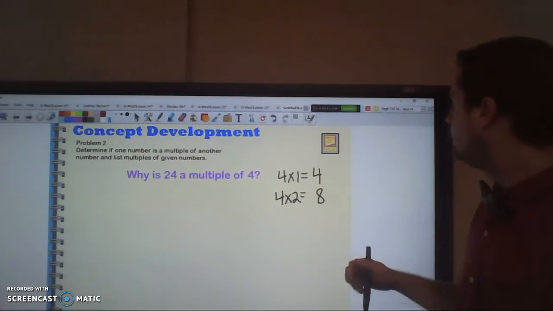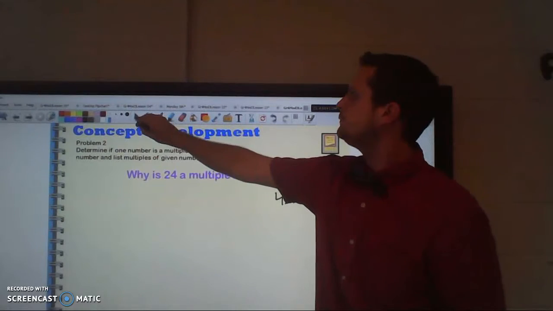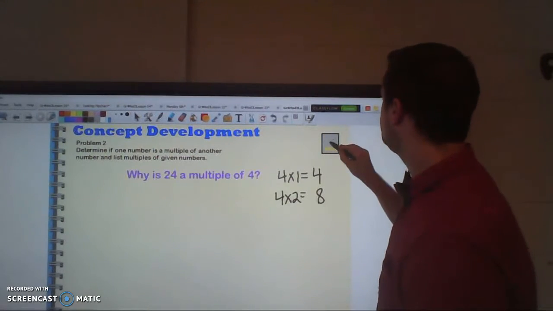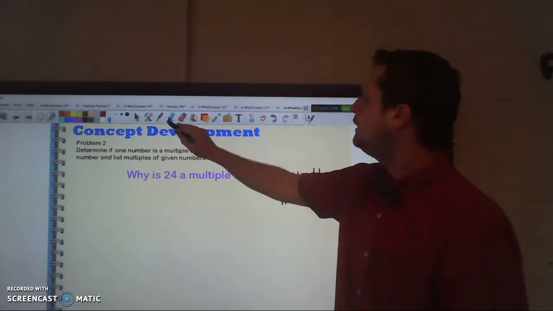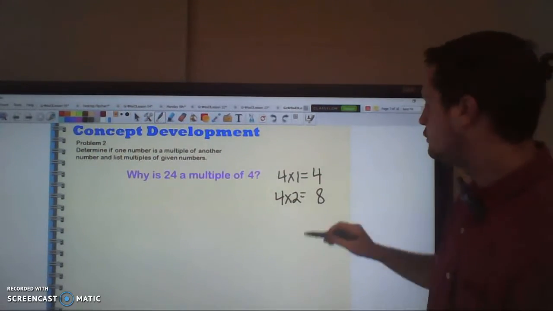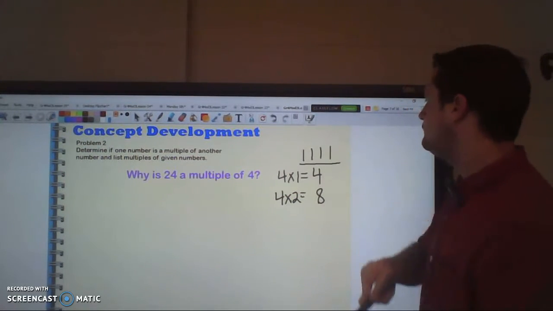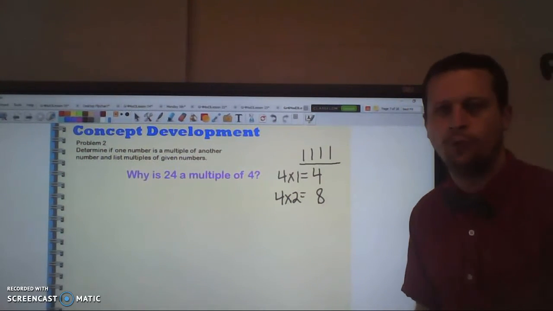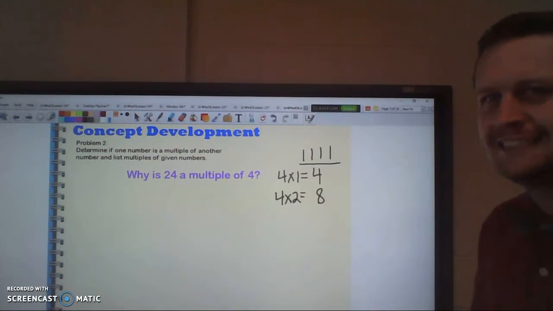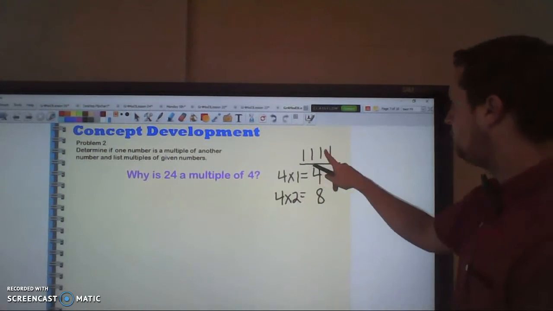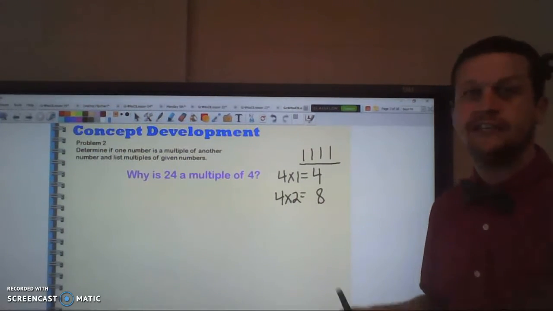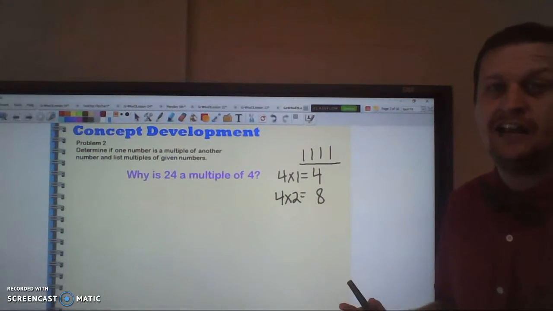If you don't, something that we do in 5th grade to help us with our multiples is we put tally marks above. So I'm going to put 1, 2, 3, 4 tally marks above my multiples of 4. That way if I get stuck, all I have to do is count my tally marks to get my next multiple. Really just adding. Okay?